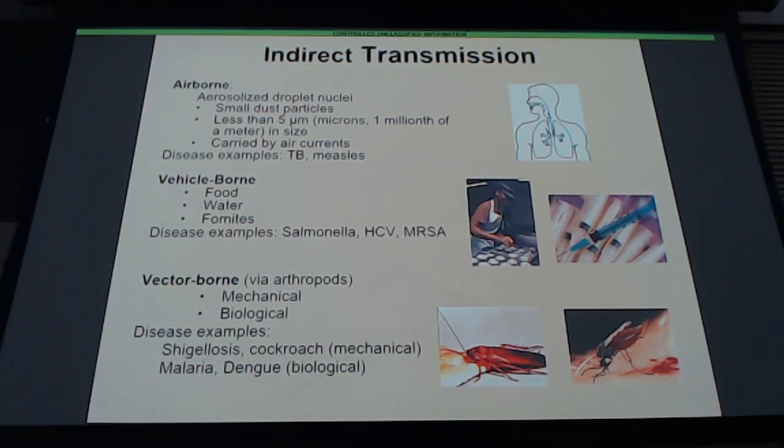Because it gets kicked up by the sand and dust in the southwest and gets aerosolized. You have vehicle-borne, right? We talked about a bunch of these during ID. You have foodborne, waterborne, and fomites. Means of control for those things. And then at the bottom end, you've got your vector-borne to spread throughout arthropods.